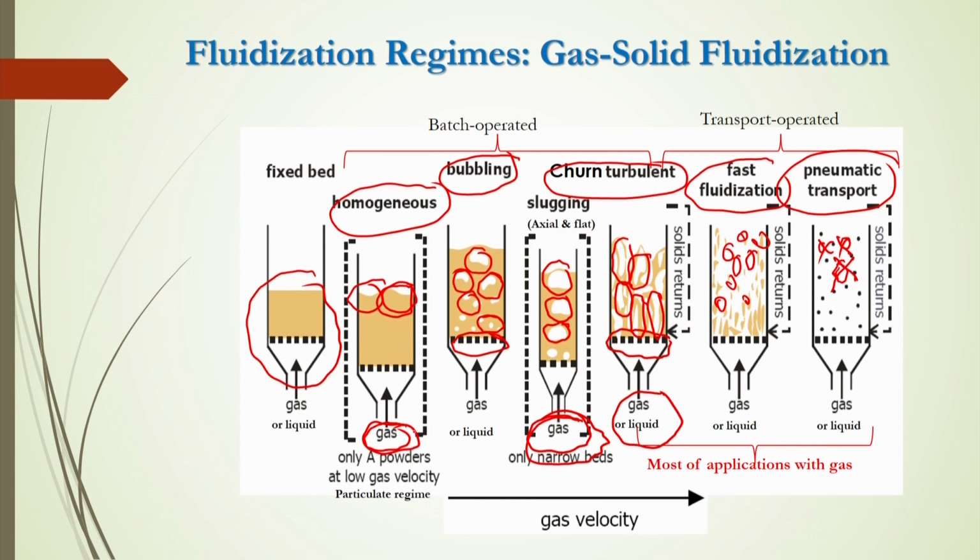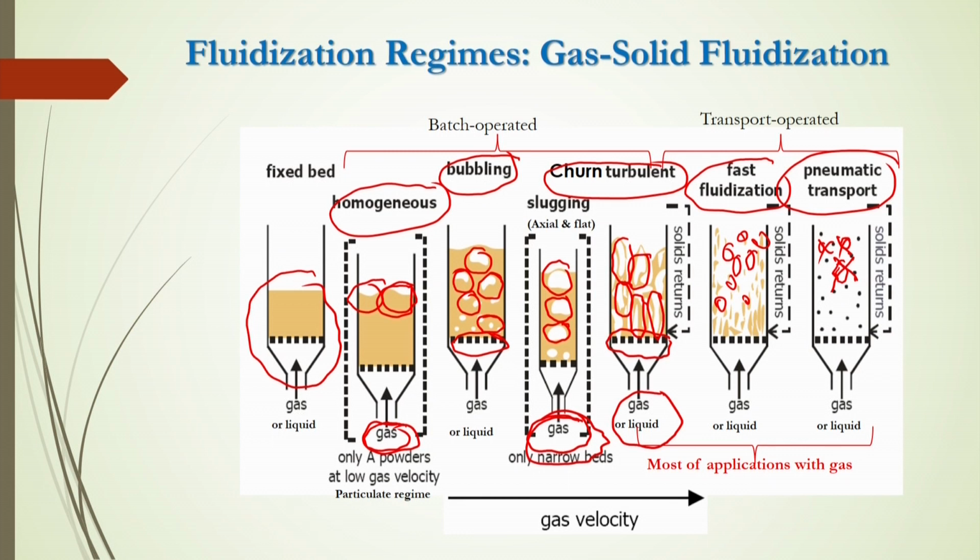We will be discussing how to calculate the minimum fluidization condition later on also. So, in this case we are getting the different fluidization regimes based on this solid and gaseous system.